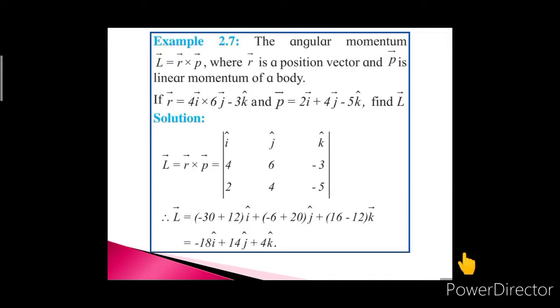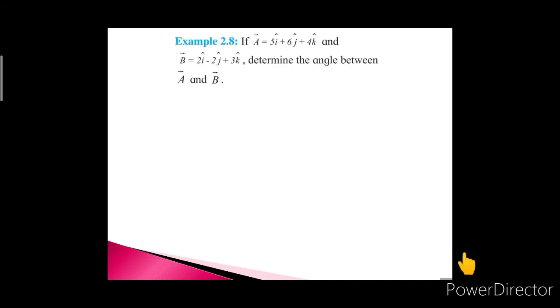So this is the example based on the vector product or cross product we have discussed here. Now let's take the example based on the scalar product or dot product. Example 2.8.